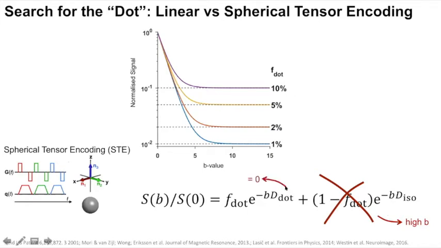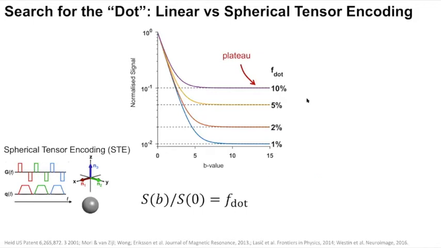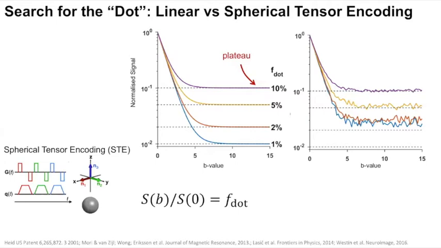And if you assume that the apparent diffusivity in this dot compartment is 0, so the diffusion time is much higher than the diffusion length, then you will see that this plateau value here is actually equal to the dot signal fraction. So the signal at this high B value might become a direct marker of the signal fraction of this compartment. And this is of course limited by the noise floor.